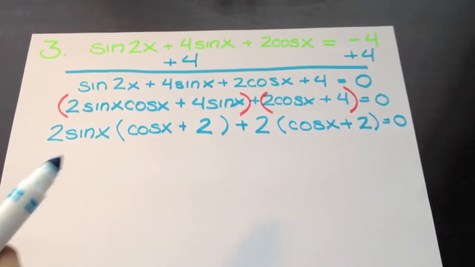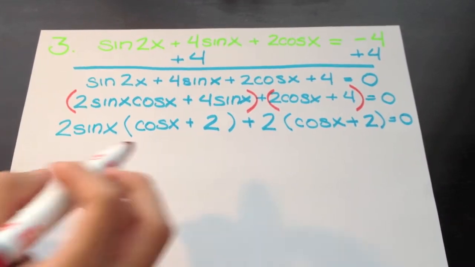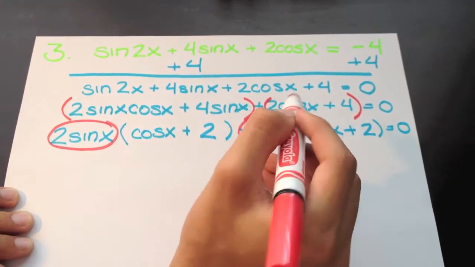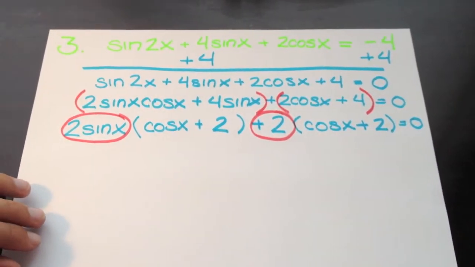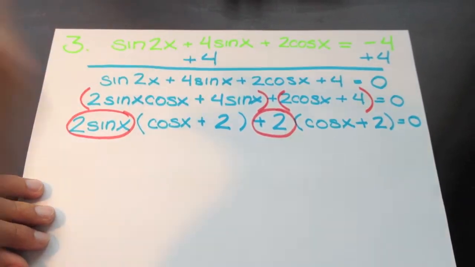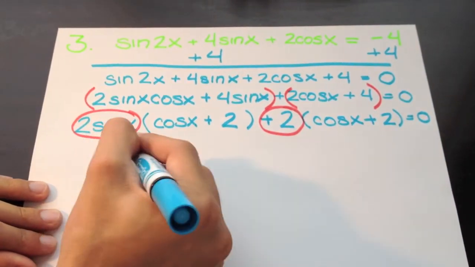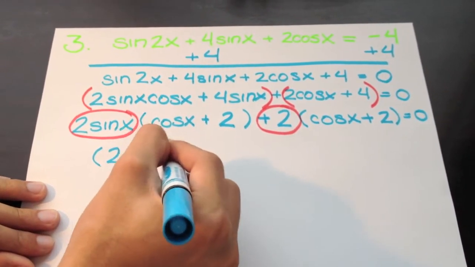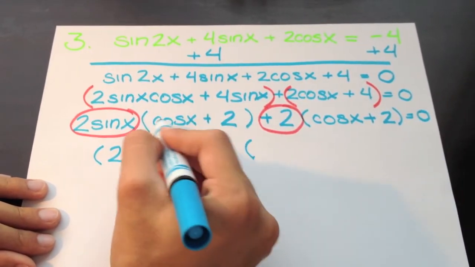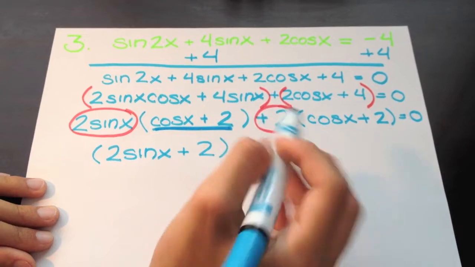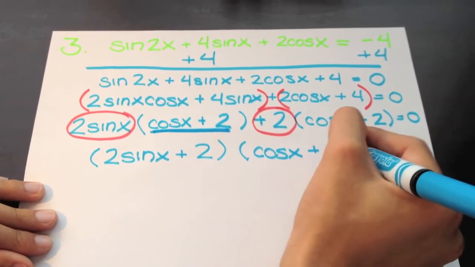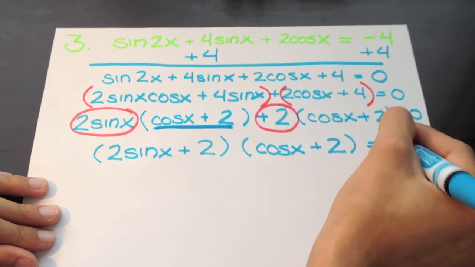So now we're going to take both of the terms that are out of the parentheses. So we're going to write it as 2 sine of x plus 2 times whatever's inside the parentheses, cos of x plus 2 equal to 0.